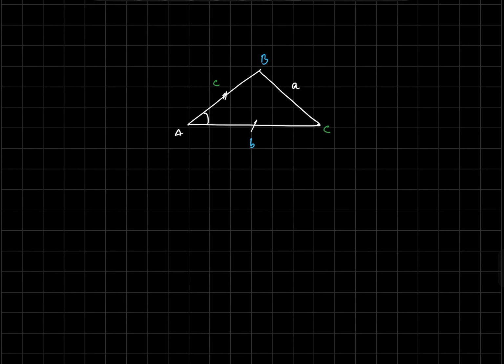The formula goes in this manner, that A square is equal to B square plus C square, minus twice BC, 2 times BC, times cos of the angle opposite to the side, that is cos of A.